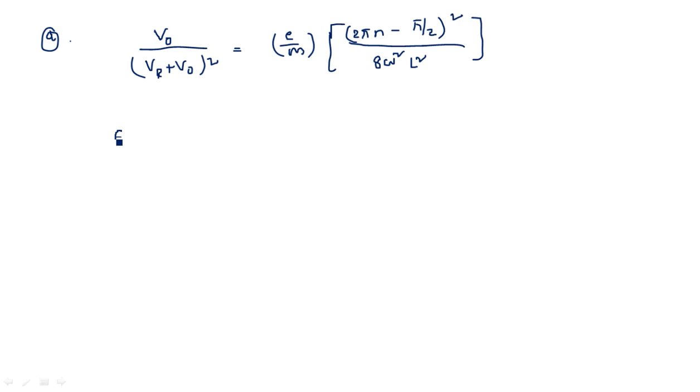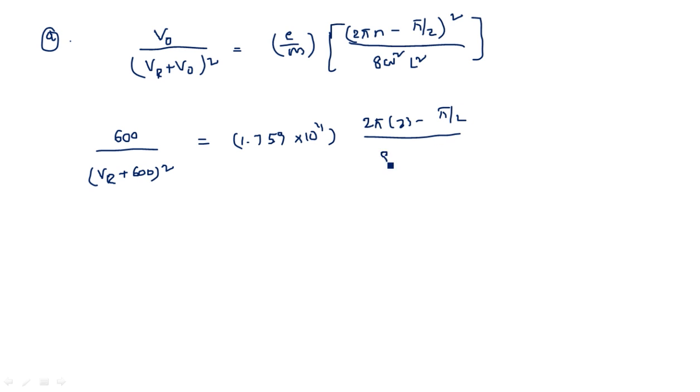So let us substitute all these together. (600 / (VR + 600)) square is equal to E by M, which is 1.759 into 10 power 11, times (2 pi into 2 minus pi by 2), divided by 8 into (2 pi f, where f is 9 gigahertz: 9 into 10 power 9) into 1 into 10 power minus 3.